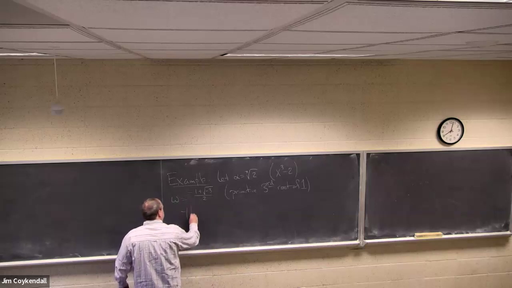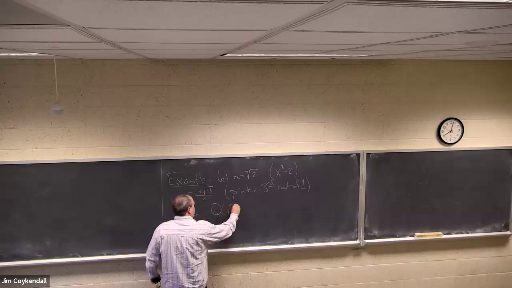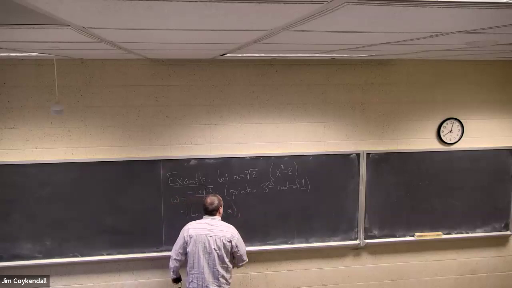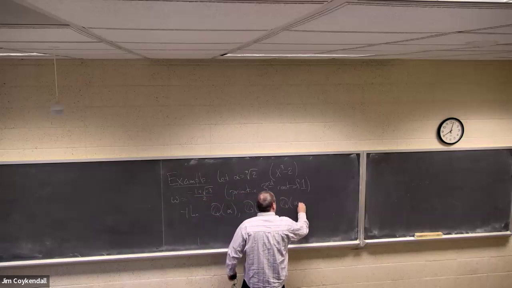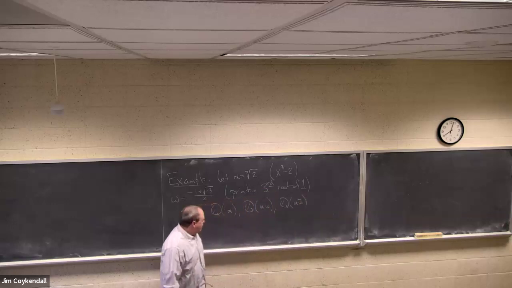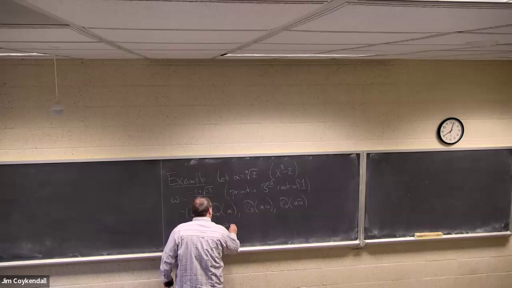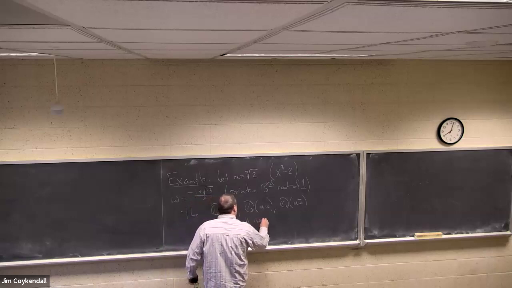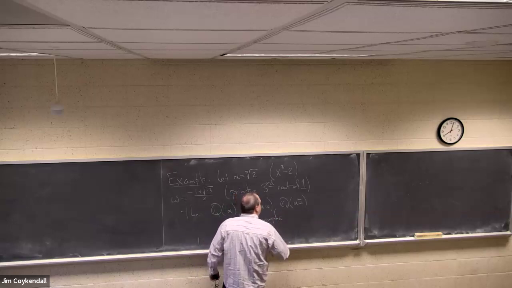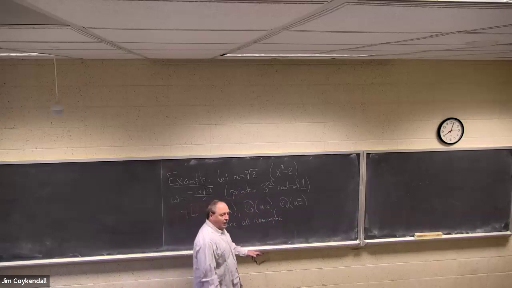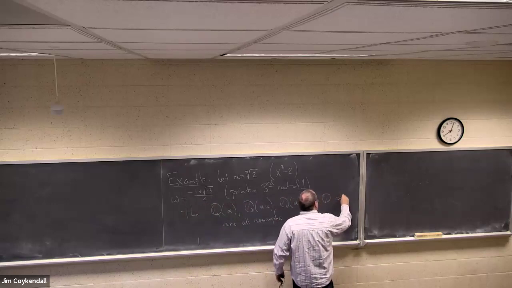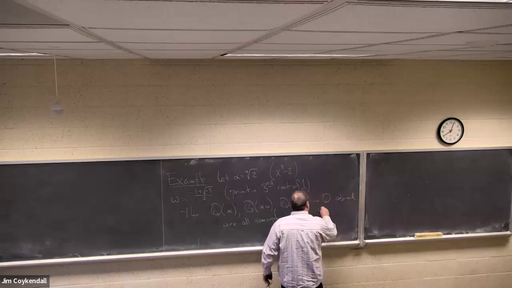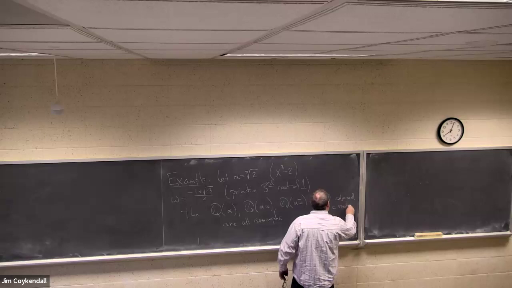Then these 3 fields are all isomorphic. All for the work that we've done, because all of these are Q adjoined with a root of x cubed minus 2.